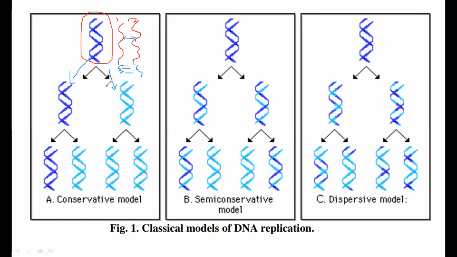Now the question is, if you look at this new double-stranded DNA, does it contain any part of the original DNA? Any strand? There are two strands, and both strands are new. No strand is old. Both the old strands are here. This is called the conservative model of DNA replication because 100% of the old DNA is conserved.